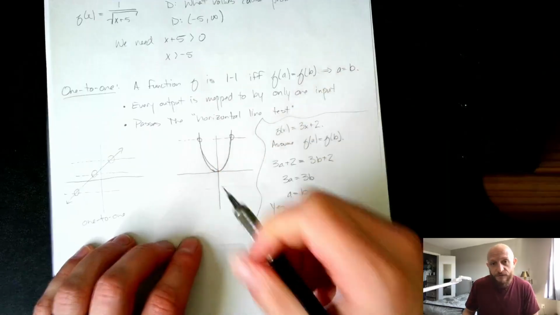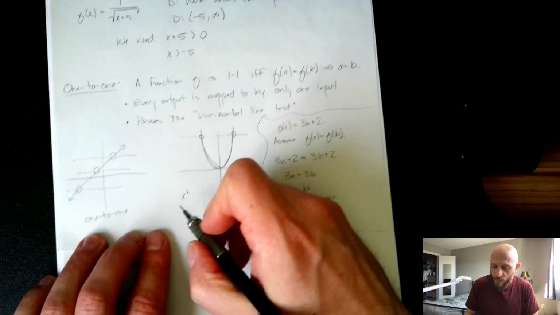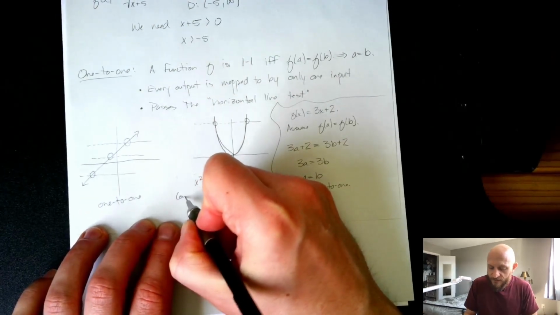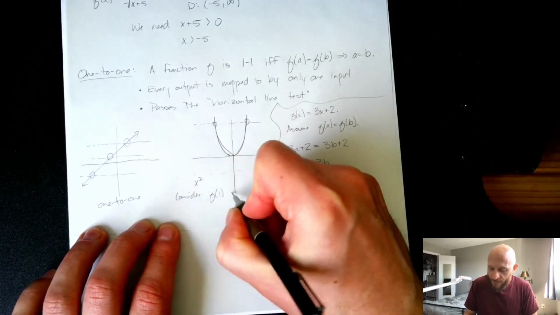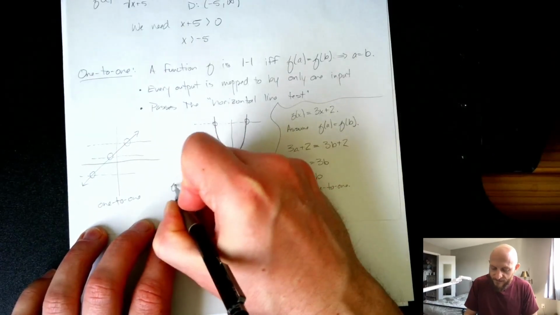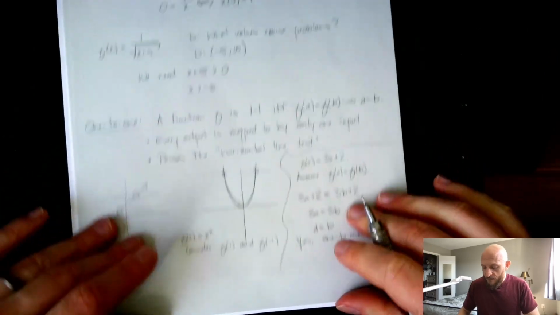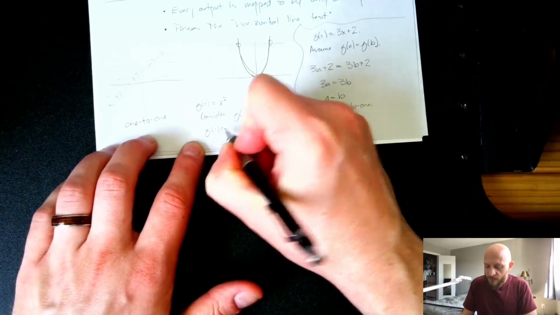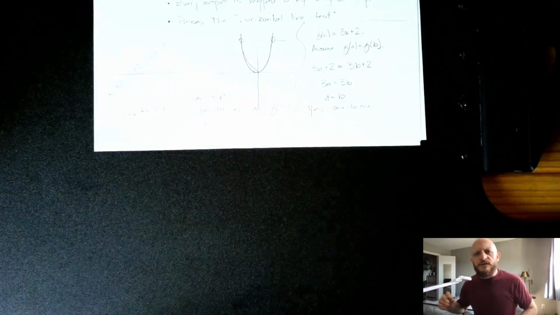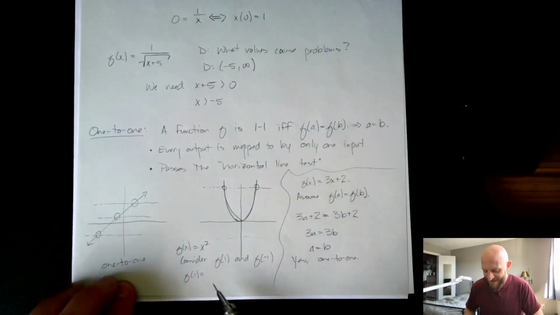If we wanted to show, without the graph of x squared, that x squared is not one-to-one, we might say something like, consider f of 1 and f of negative 1.